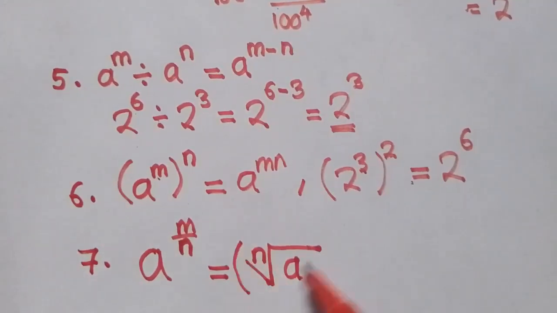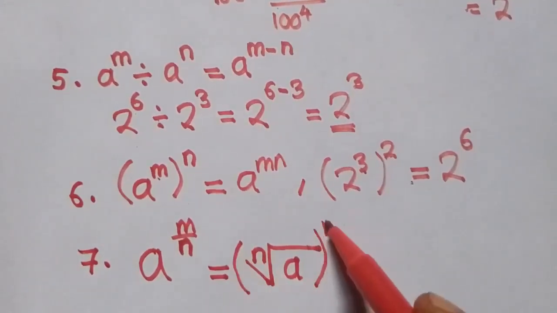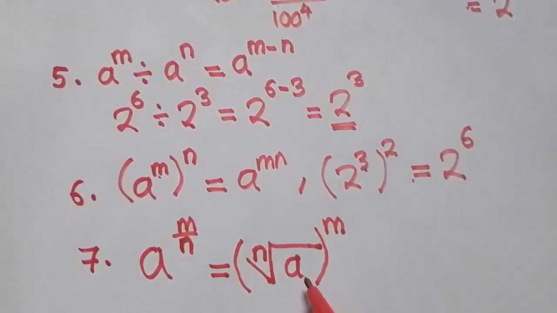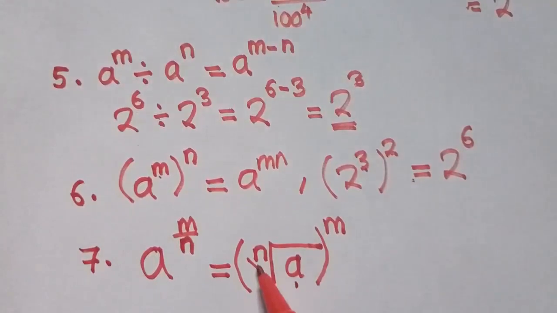Then you put these in brackets, then m is outside like that. So this and this, they are just the same. You ask, how many times can you multiply a number by itself to get a?